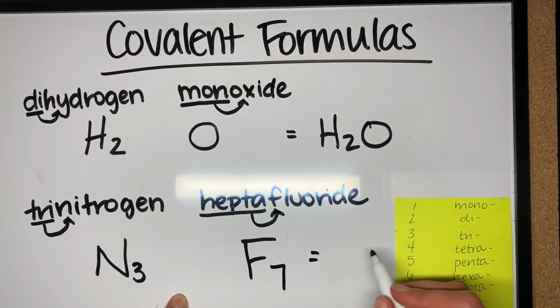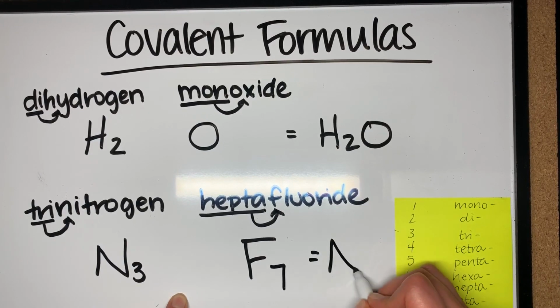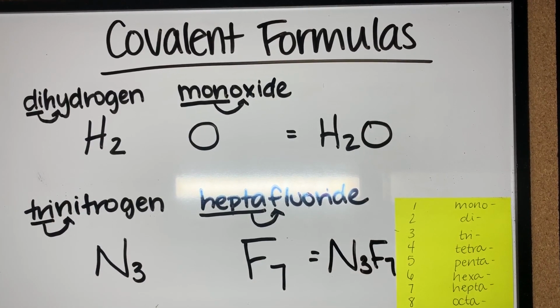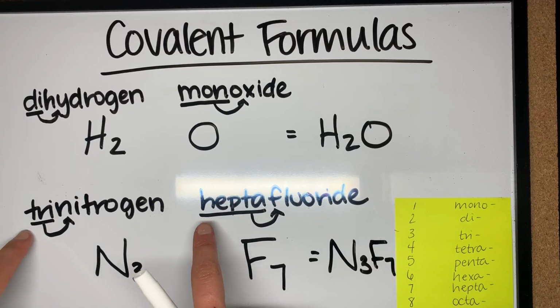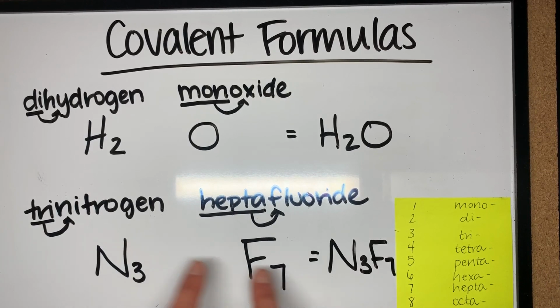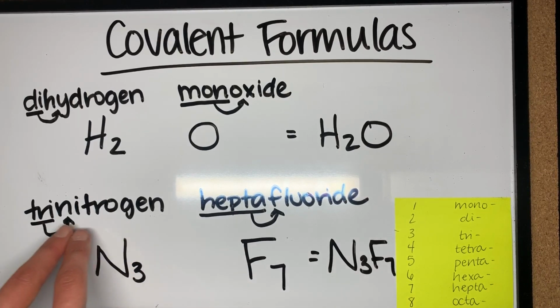When I put those together into a nice neat formula, N3F7. So it's really simple as long as you understand that the prefixes are telling you how many of that nonmetal you have in your formula. So this trinitrogen, this means that it is N3.